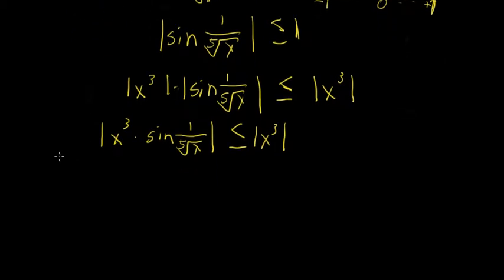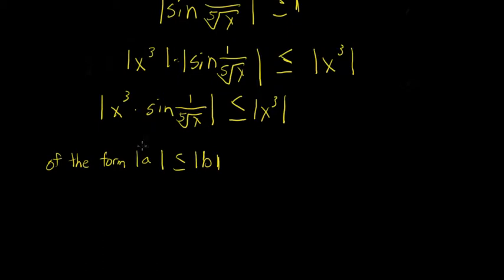And this inequality here is of the form absolute value of A is less than or equal to the absolute value of B. And we can draw a few conclusions from this, and I'm going to pick some numbers for A and B to show you the conclusion we can draw. So say A equals -5 and B equals -7.